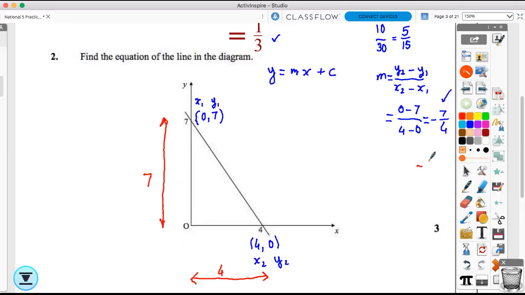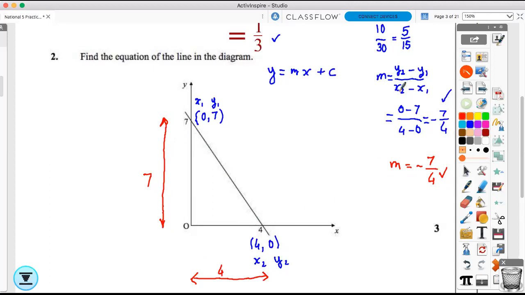And then I'm going across by 4. Because you're going down, your gradient is negative. So by just writing this and showing it like this, you would still get the mark because you found the gradient without having to do x1, y1. So a gradient is just a y displacement over an x displacement.